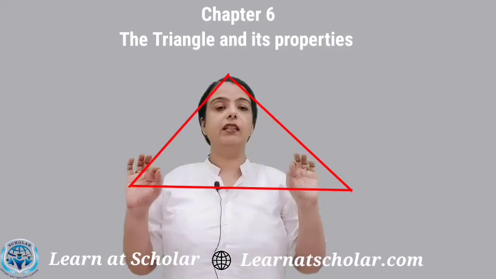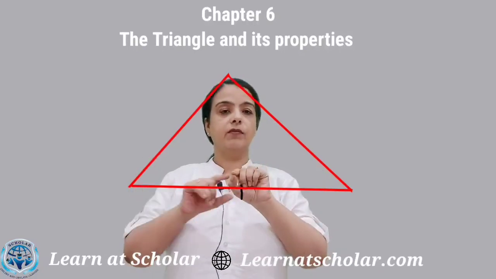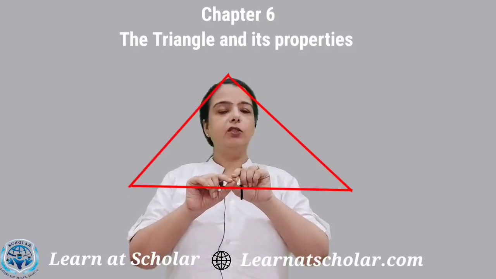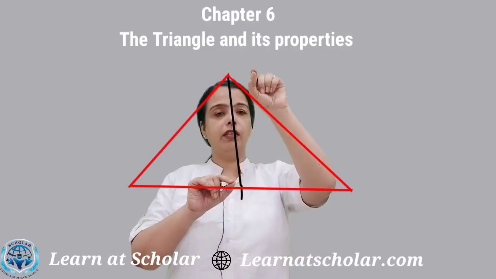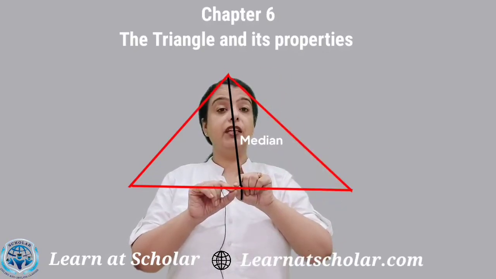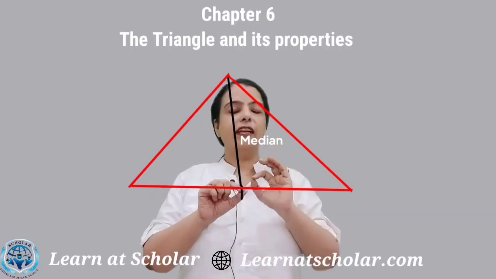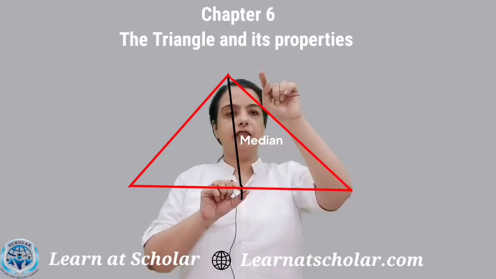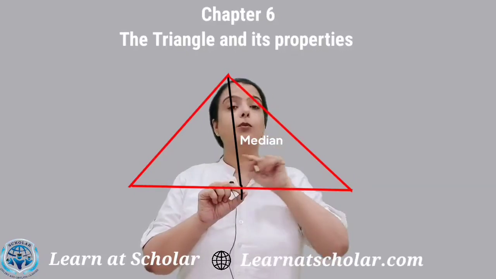Like in this triangle BC, the midpoint is this. Now when we join this midpoint to the vertex, we get a median. Mid in the median is the midpoint. We can get a median by joining the vertex to the midpoint of the opposite side.